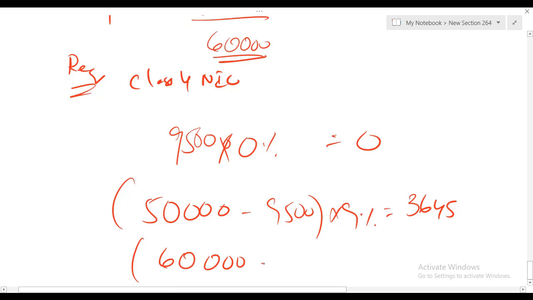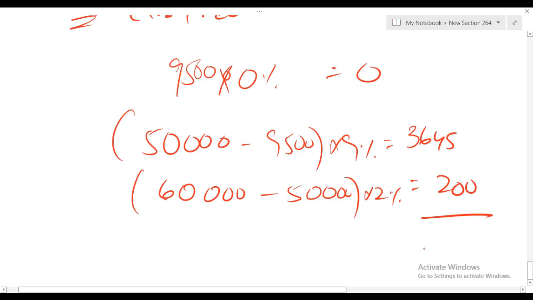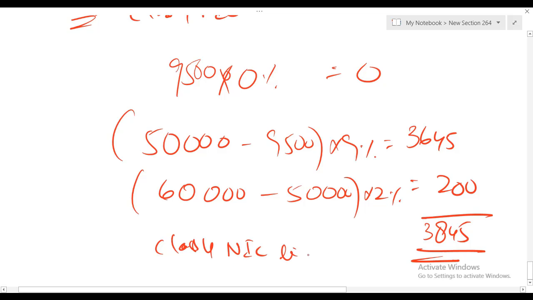Then from 60,000 I deduct 50,000, and take 2% of this, which is 200. So just add this: 3845 is the class 4 NIC liability.